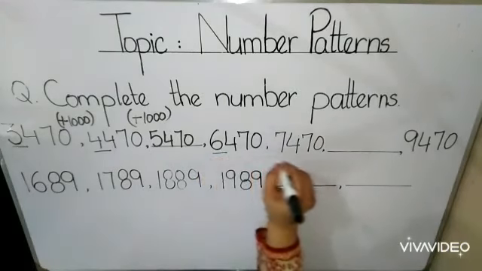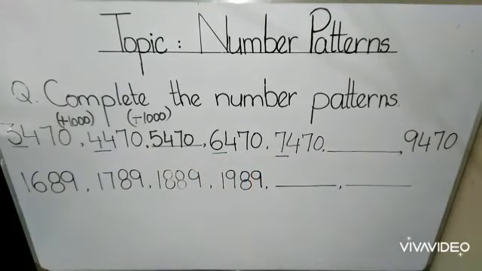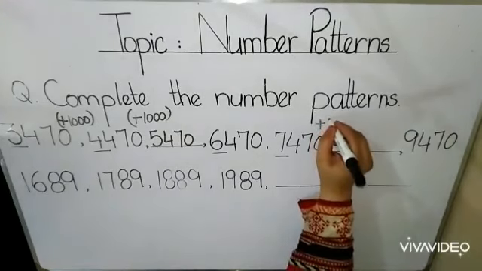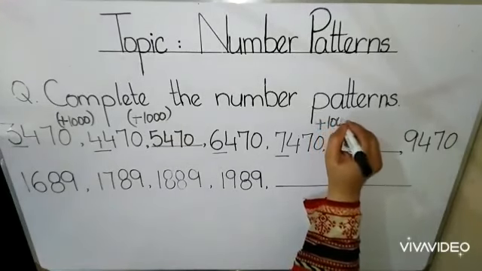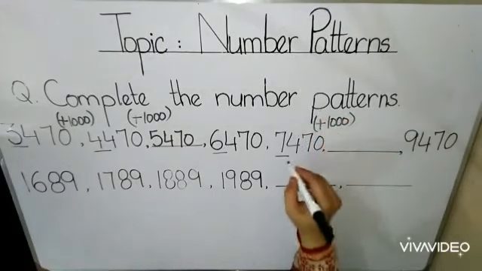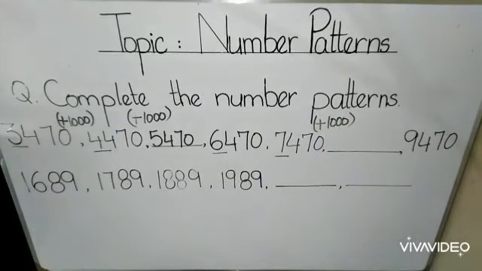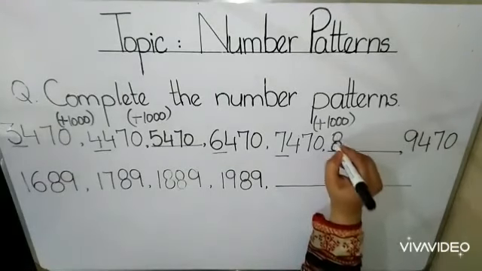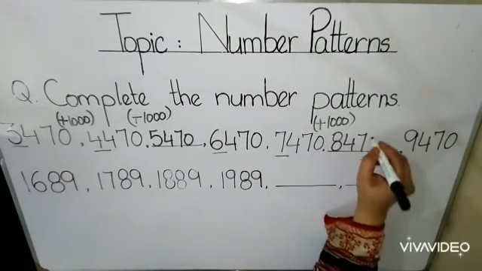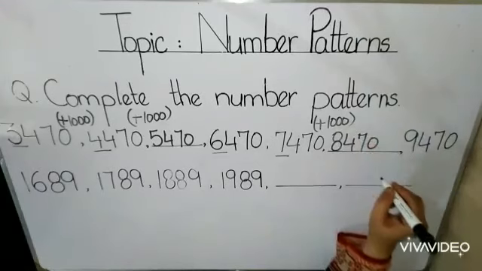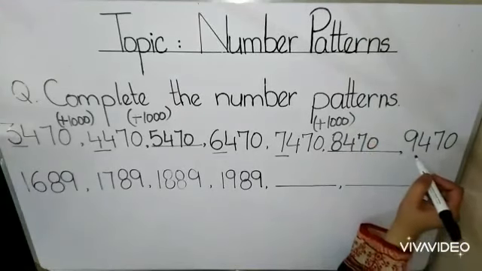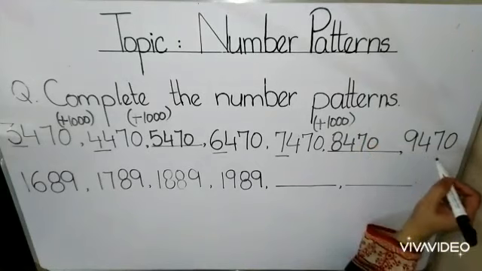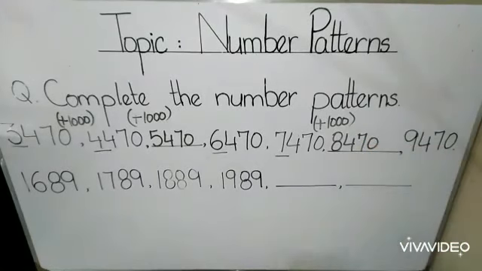There is an increase of 1000 in these numbers. When we increase 7470 by 1000, our next number would be 8470. Next is 9470. In this way, our number pattern is complete.